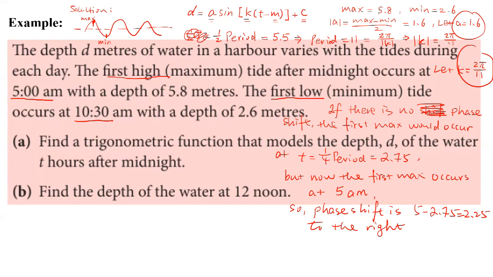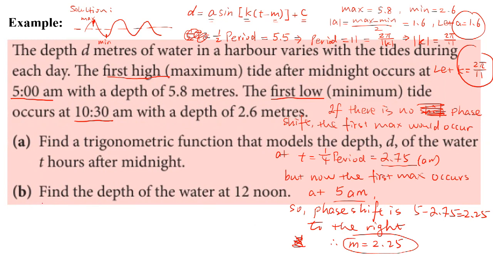Because if there is no phase shift, the first maximum happens here, and now we find it here. That means the value of m is 2.25. Now we have determined the value of m.